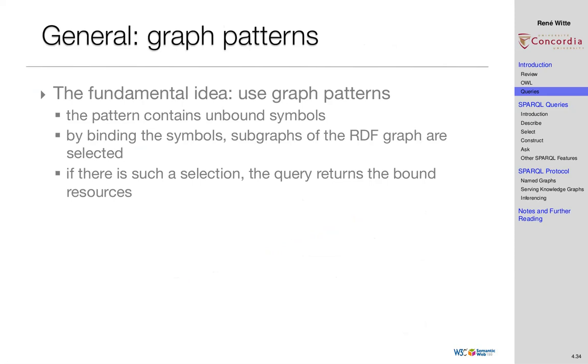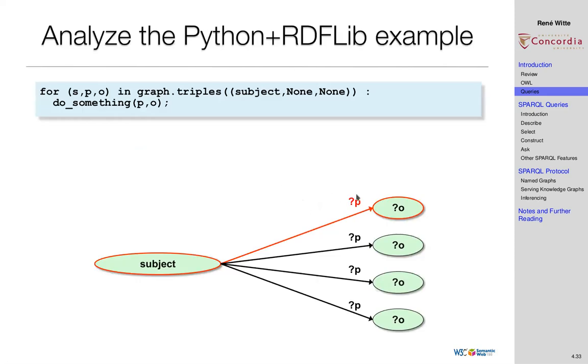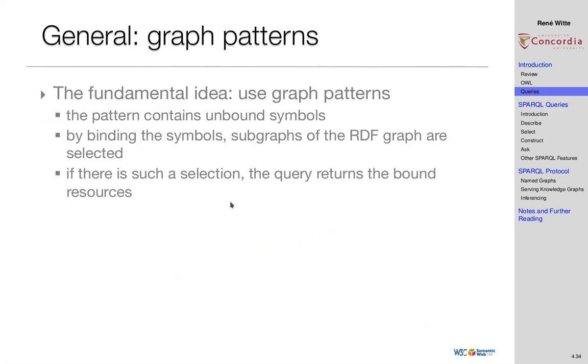In this graph pattern, we have some symbols that are defined. We have some fixed URIs, and then we have symbols that are unbound. In the example here, the unbound ones were the P and the O, and the subject was defined. And then you can take this pattern and apply it to the graph. And then this is your query, and it will return the resources that match this pattern on the given graph.